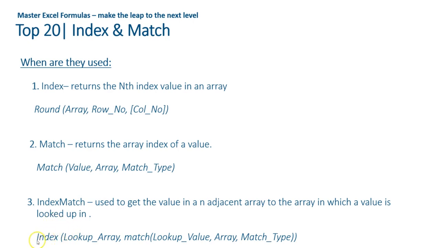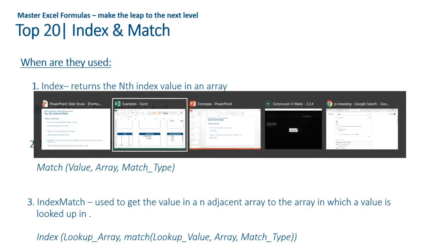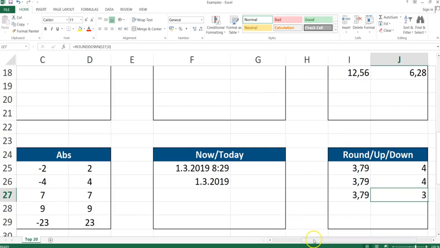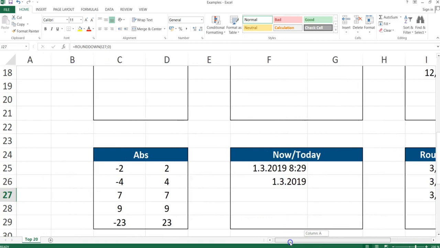We start with the index formula, we specify the lookup array, okay, and then we need to get basically the array index from the match formula here, in order for our index formula to work after that. I'll show you what I mean after I give you examples for these formulas, okay.